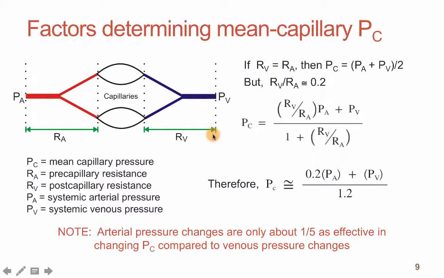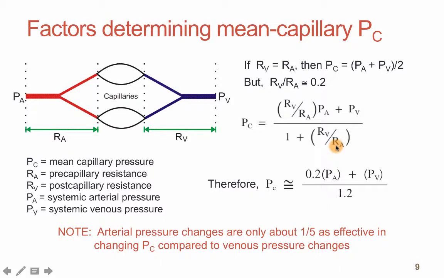And the way that we can model this mathematically is to say that capillary pressure is equal to the ratio of the postcapillary resistance divided by the precapillary resistance times the arterial pressure plus the venous pressure, divided by 1 plus the ratio of the post to precapillary resistances.